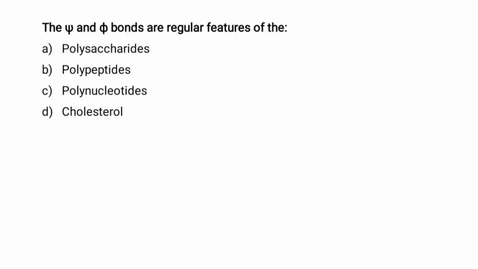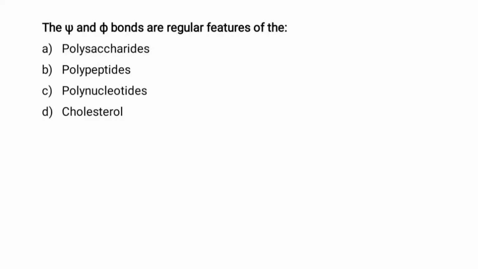The average psi and phi values for alpha helices are: phi value is minus 57 and psi value is minus 47. For beta parallel sheet, the values are minus 120 for phi and plus 115 for psi.